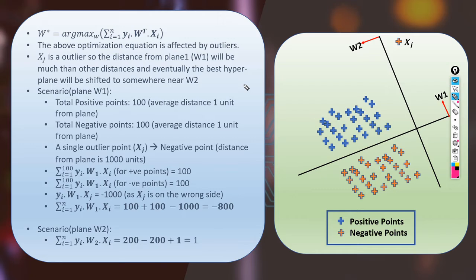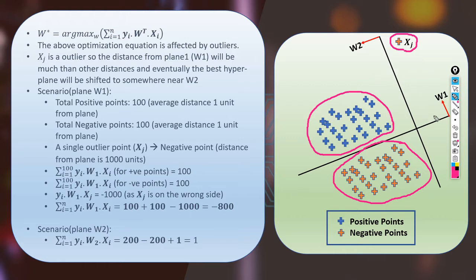So let's see one scenario. What I am showing you is that there are around 100 positive points and around 100 negative points, and there is one outlier point which is also a negative point.